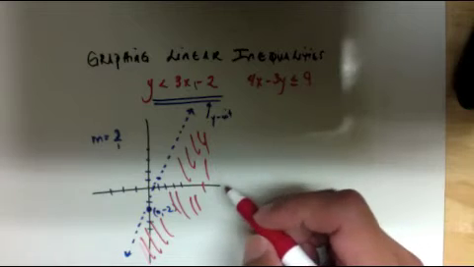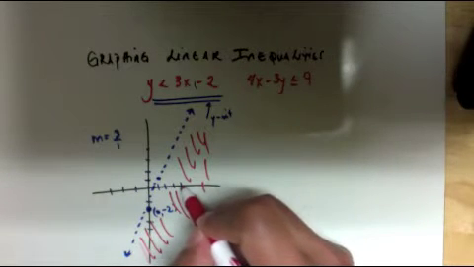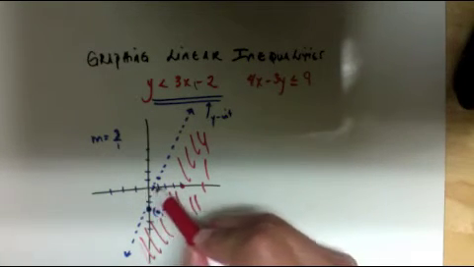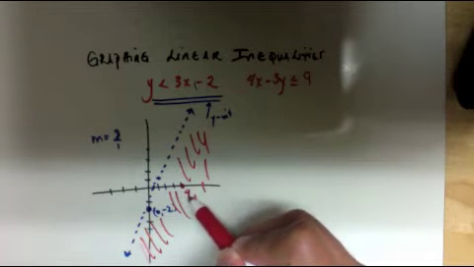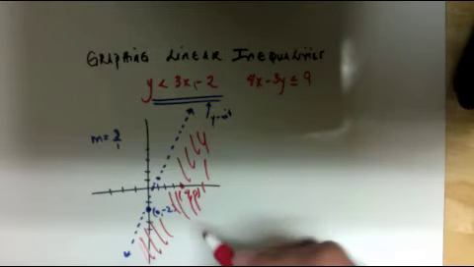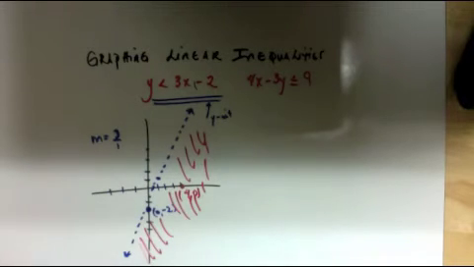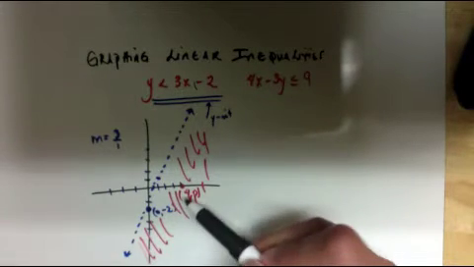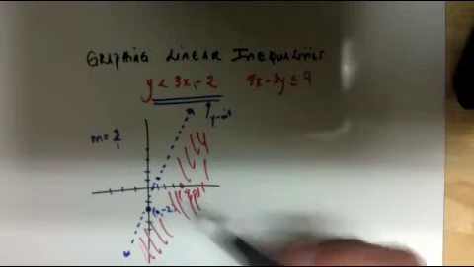So we'll do that. Let's pick this point here, and this is going to be 1, 2, 3, 4, so (4, 0). If I wanted to test it out, x is the first number, it's 4.